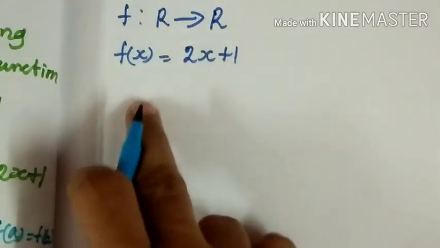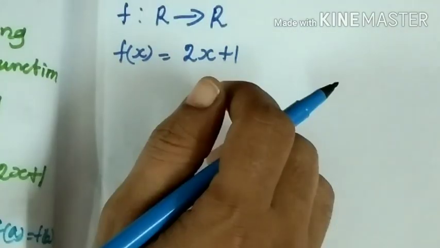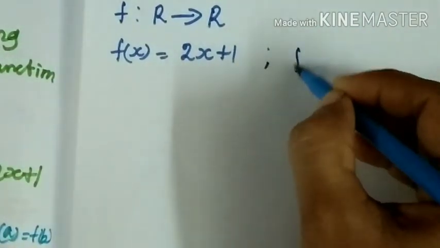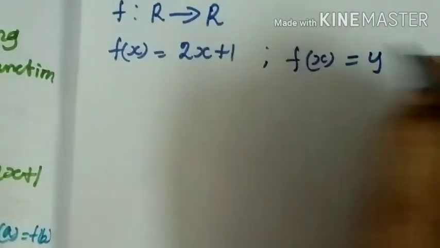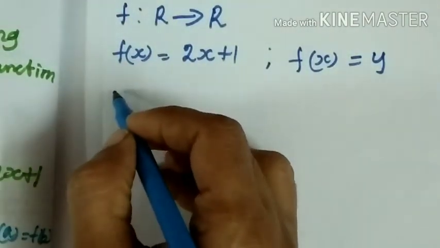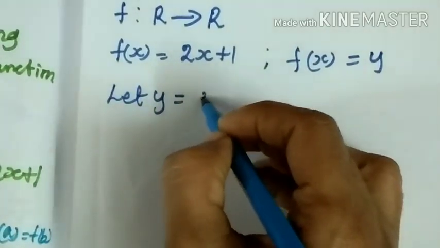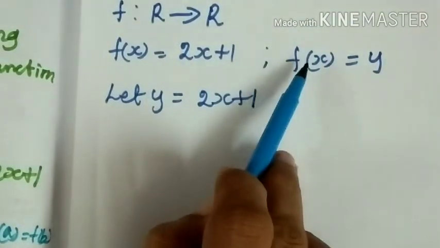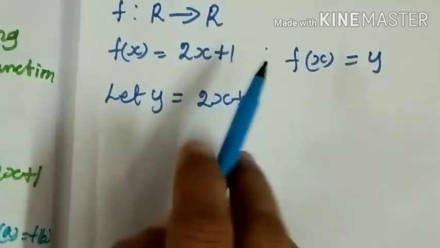Next we check whether it is an onto function. By the definition of onto function, f of x equal to y. So let y equal to 2x plus 1, y equal to f of x, which is 2x plus 1.